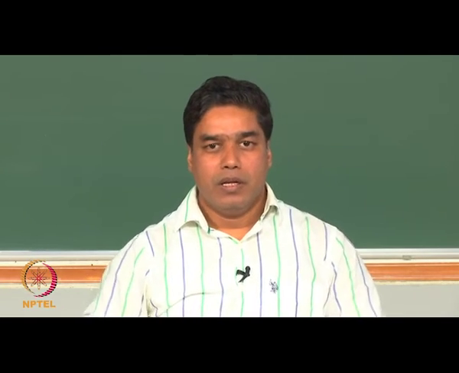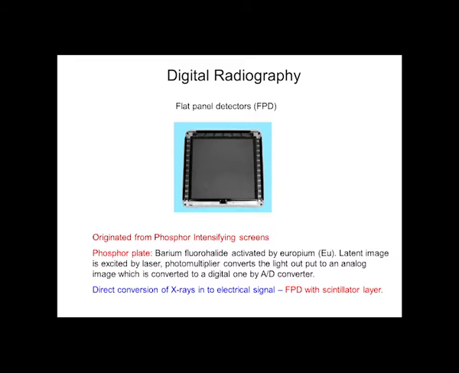As I said, in order to do this digitally, you need a detector which will capture the X-rays and convert them into an electrical signal, which can finally be converted into a digital signal, and then you have the digital image. Okay. These kinds of detectors come in the shape of a flat plate or flat panel, and that is why they are known as flat panel detectors, as you could see over here.